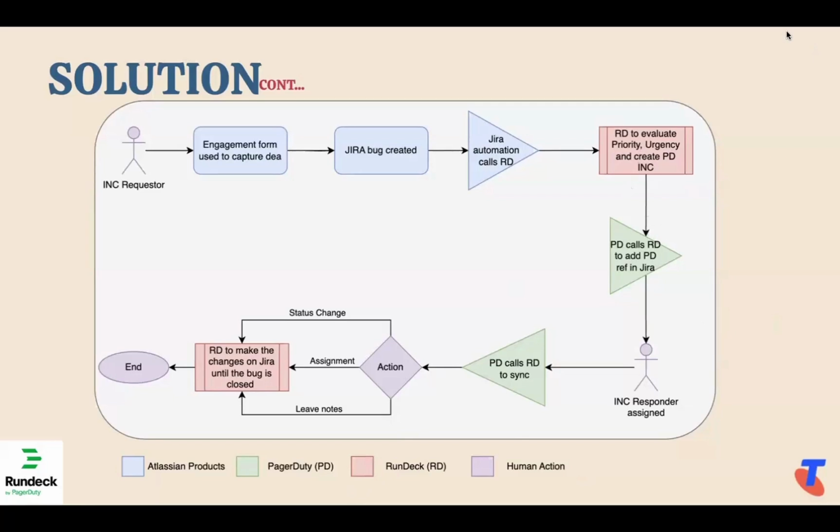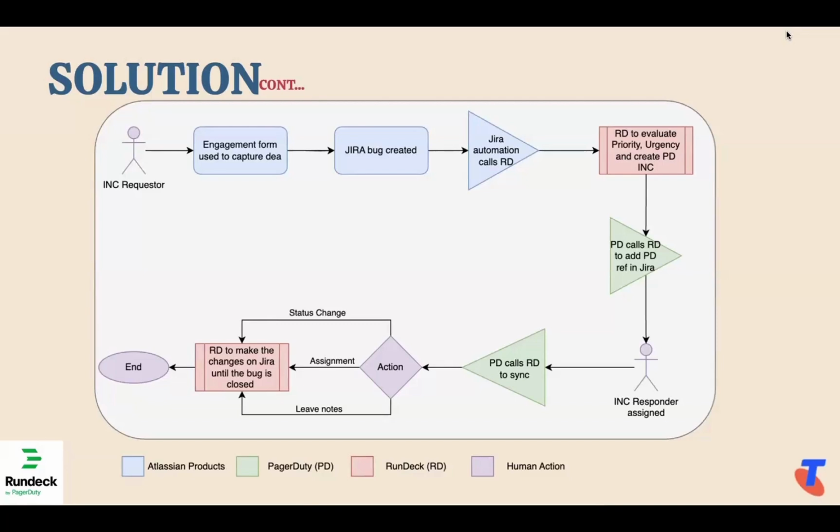So there is a lot of business logic behind it. Rundeck evaluates what priority and urgency the incident has to be created in, then creates the incident and reflects the PagerDuty incident back into Jira. That's the red part there.